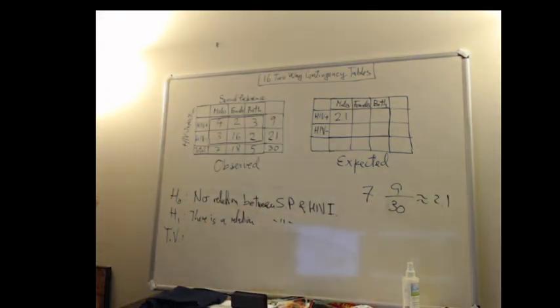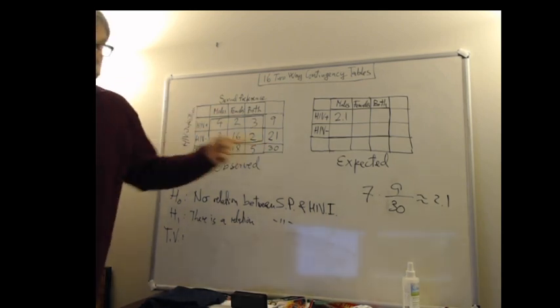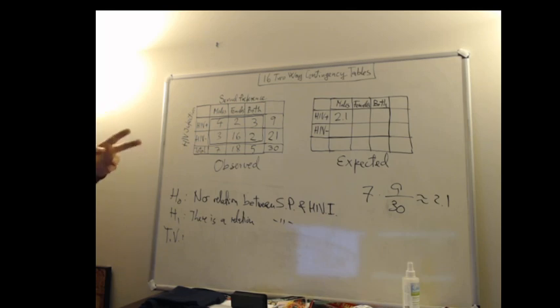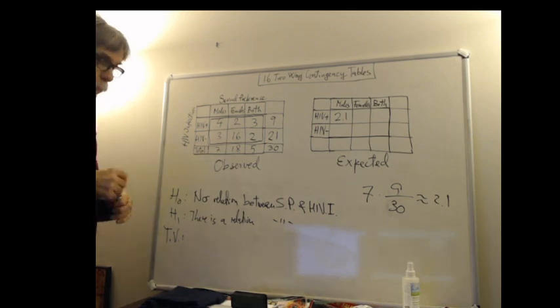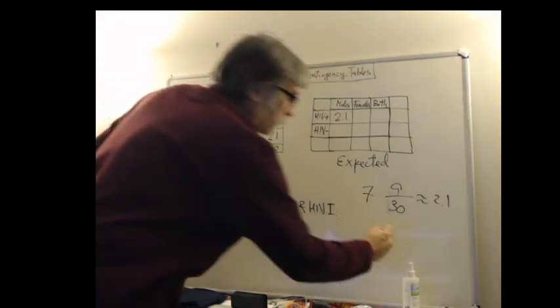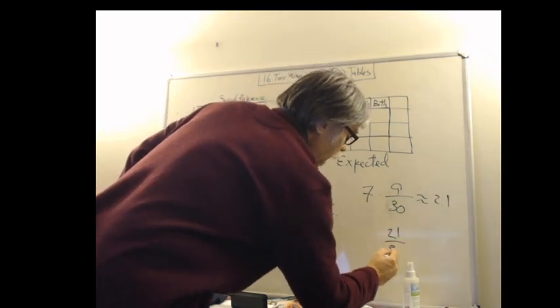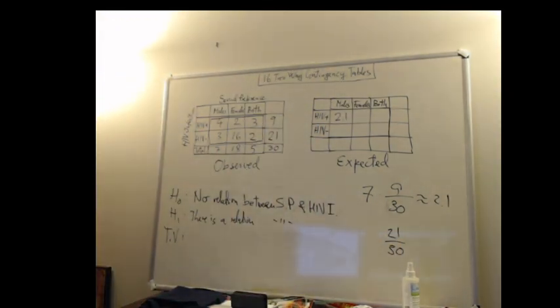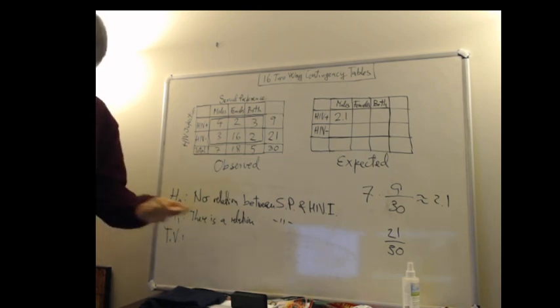Now I have 21 out of 30 that are not infected. That's 70% not infected. So if there is no relation between sexual preference and infection, since I have 7 gays, I should have 70% of them HIV negative, not infected.